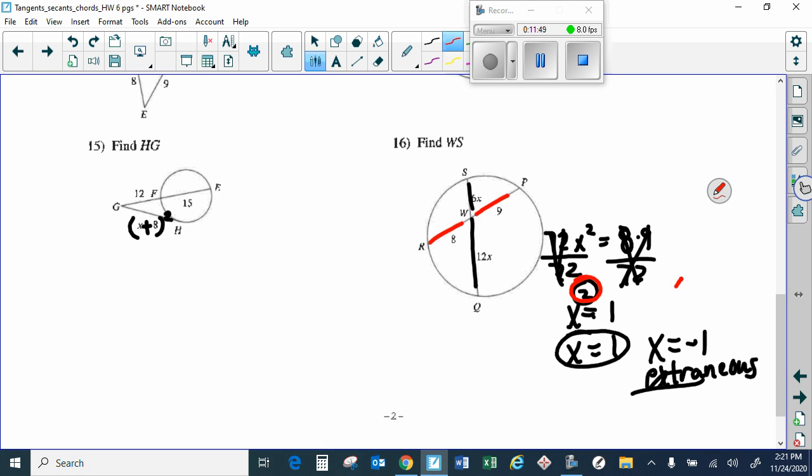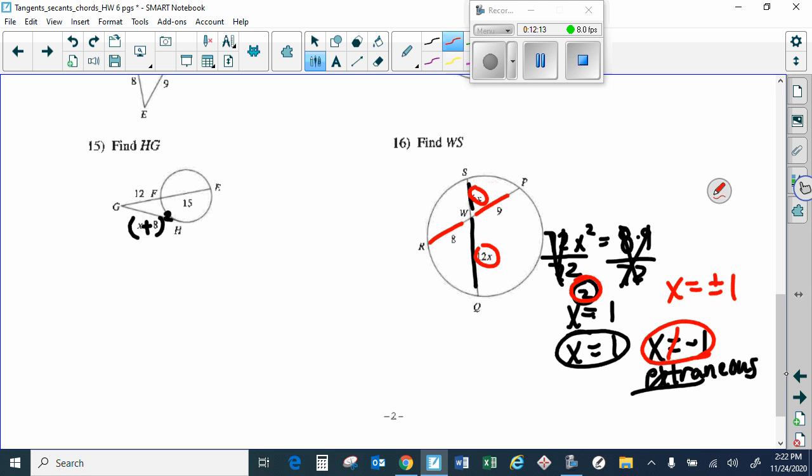Technically I'd have x equals plus or minus 1. But when I check the negative 1, that would give me a negative 12 there, a negative 6 there. I can't have negative actual lengths. So that wipes out the negative 1. It can't equal negative 1 because it'd be unreal for a real life problem. So x equals 1 works, but x equals negative 1 doesn't work.